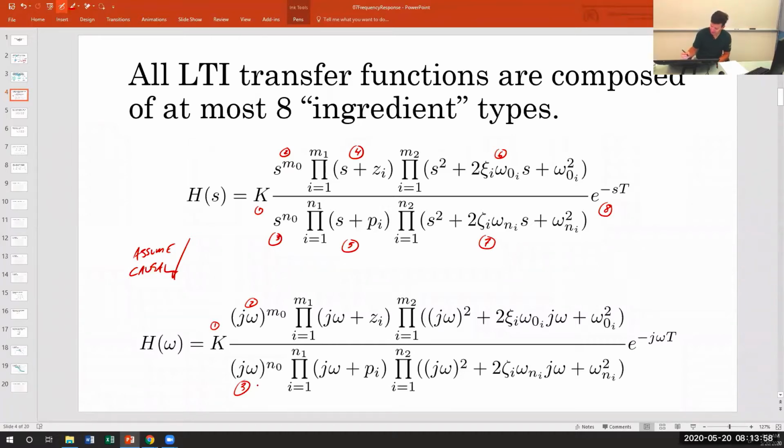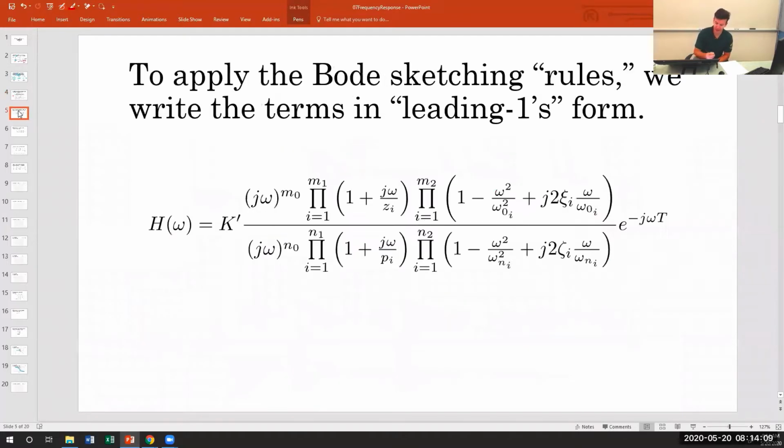So what else would I like you to see? Well, if we square things like this, that turns it from an imaginary number into a negative real number, and that's where this negative sign comes from. But I'm also factoring out a bunch of stuff from the top and the bottom.